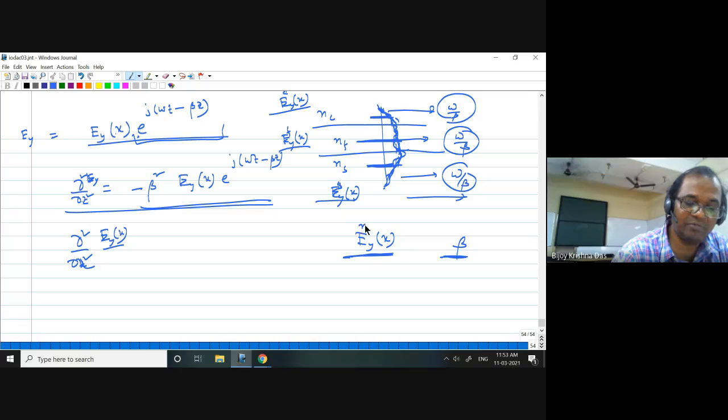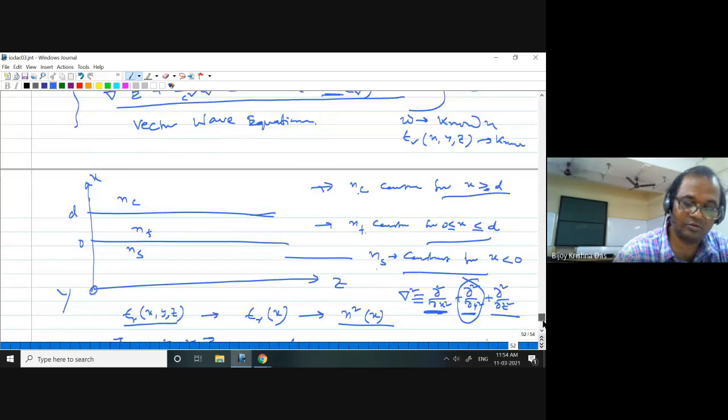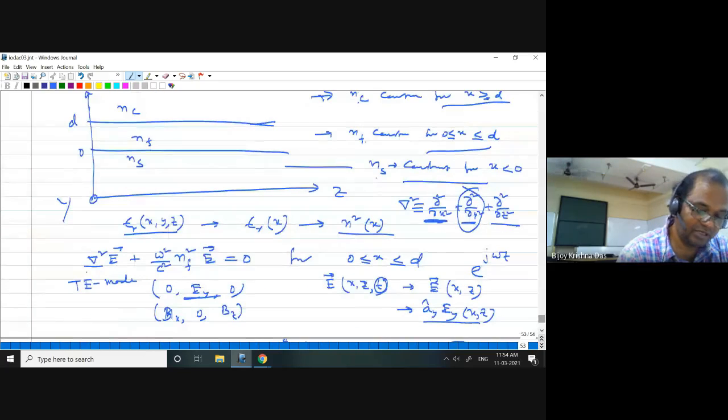If I put a particular index, there also I have to put a certain index. That means a particular field distribution will have a particular beta. So why am I discussing all this? I assume this solution. Once I assume this solution, what about the equation I have written previously?